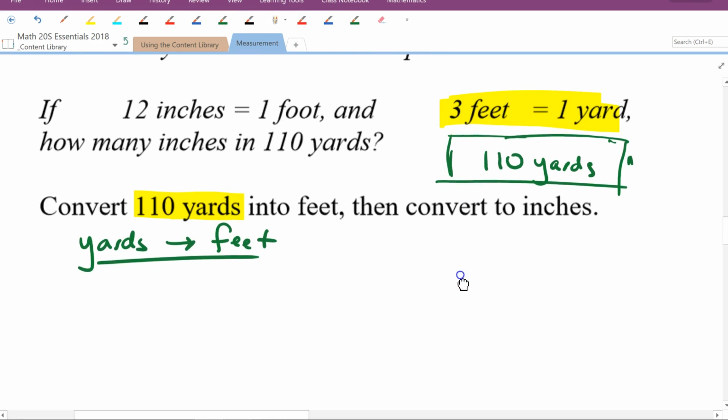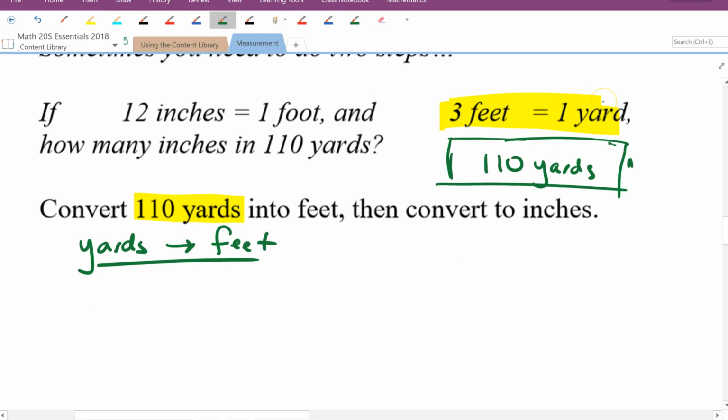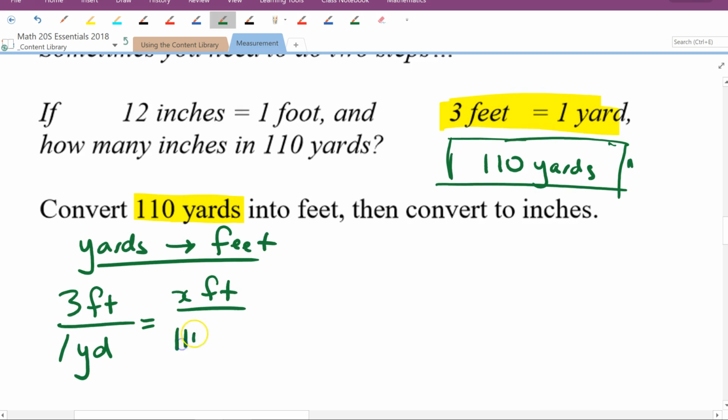So I'm going to say 3 feet is equal to 1 yard. So I'll go maybe like 3 feet for feet. 1 yard is going to be equal to, now I've got the number of yards, but I need to figure out the number of feet. So that's why I'm going to put the x up there, and I'll put 110 yards. And again, it doesn't matter too much how you set it up, what's on the top and what's on the bottom.